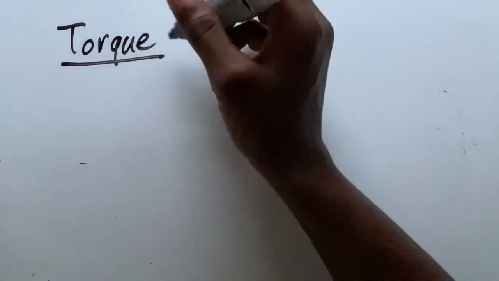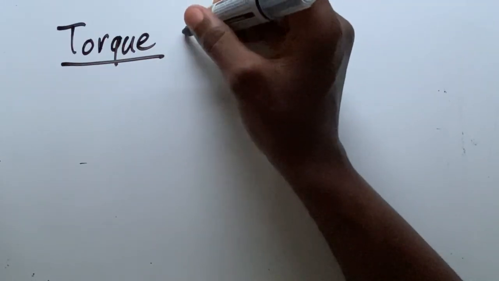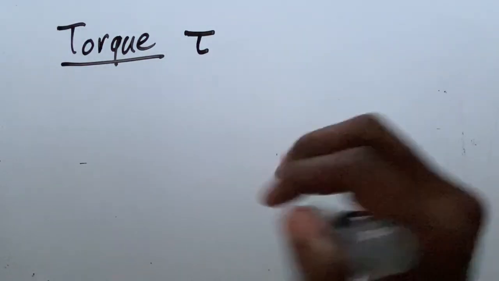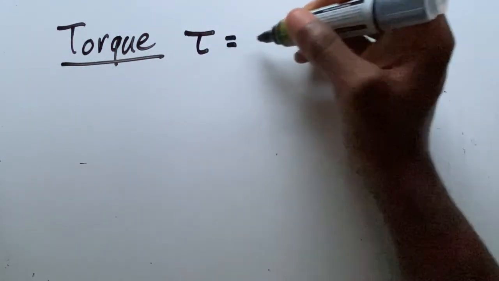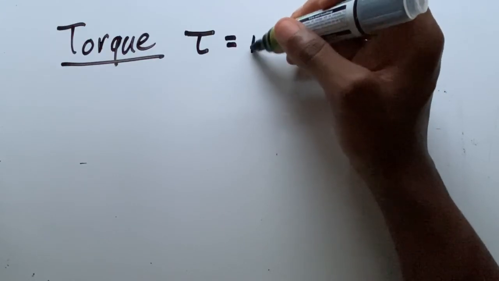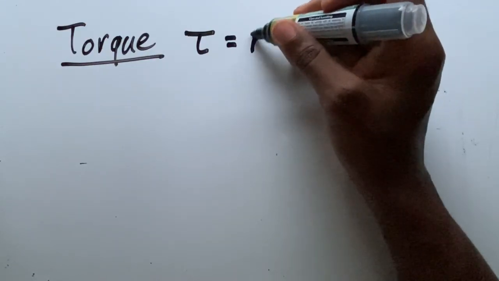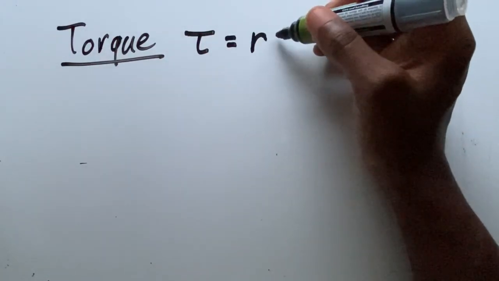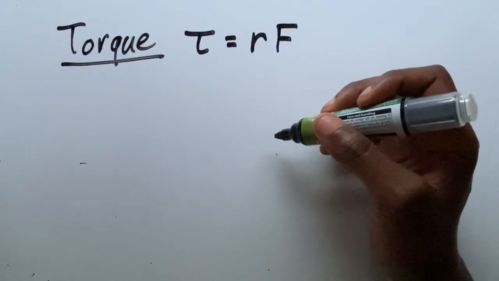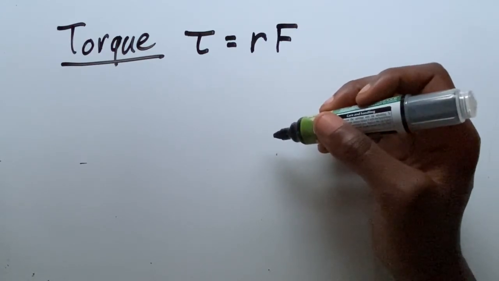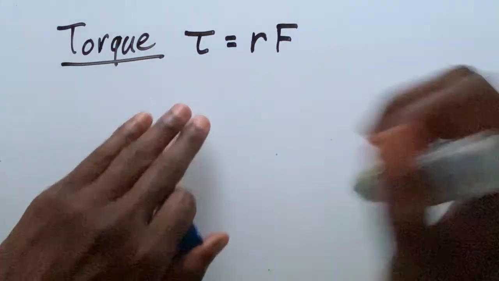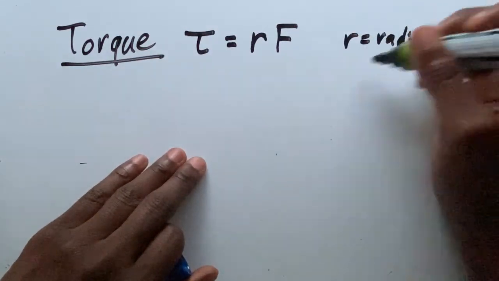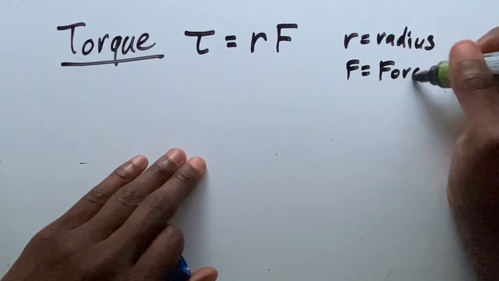And we usually use this weird looking T for torque there. And so the torque is equal to R for radius, times what? F, the force. And so just keep that in mind, where R equals the radius and F is for force.